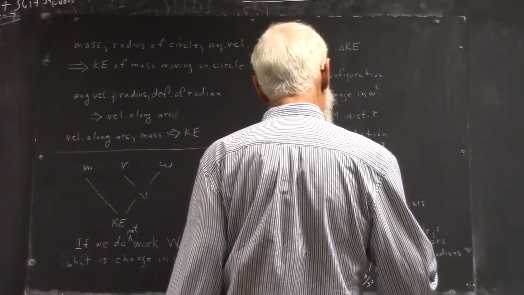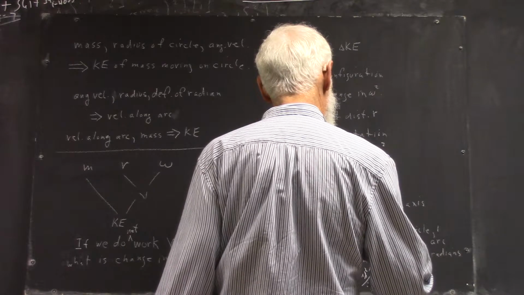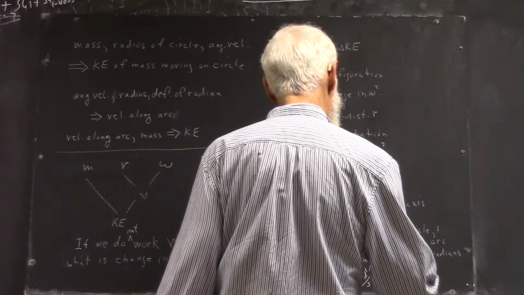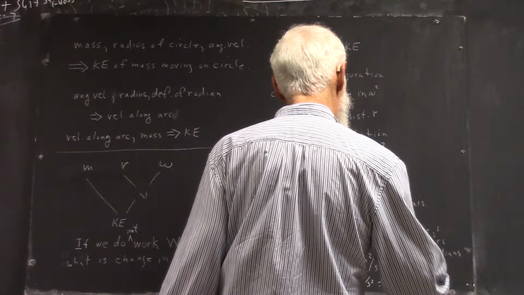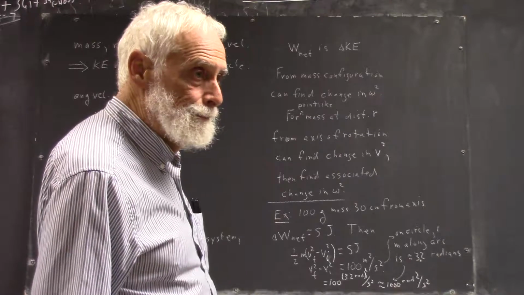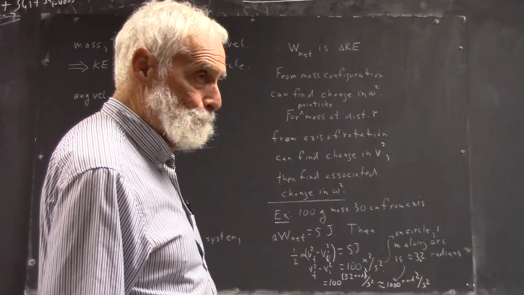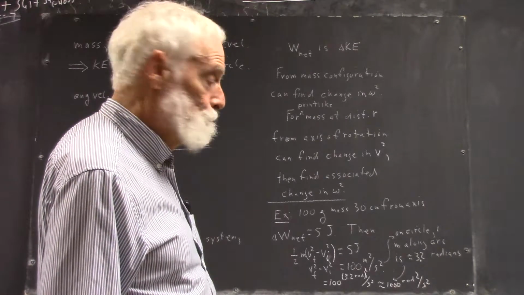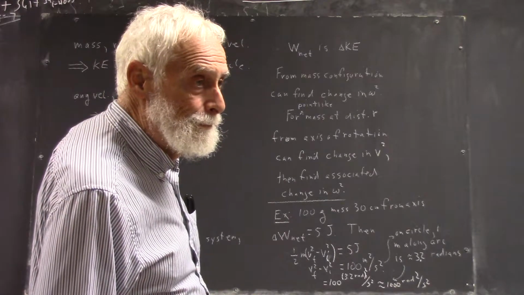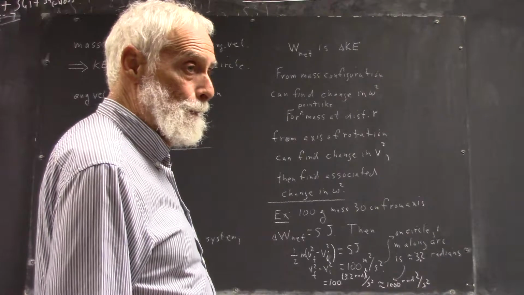So that's going to be about 1,000 radians squared per second squared. Okay. 3.2 squared is pretty close to 10. Oh, 3.2. Okay?